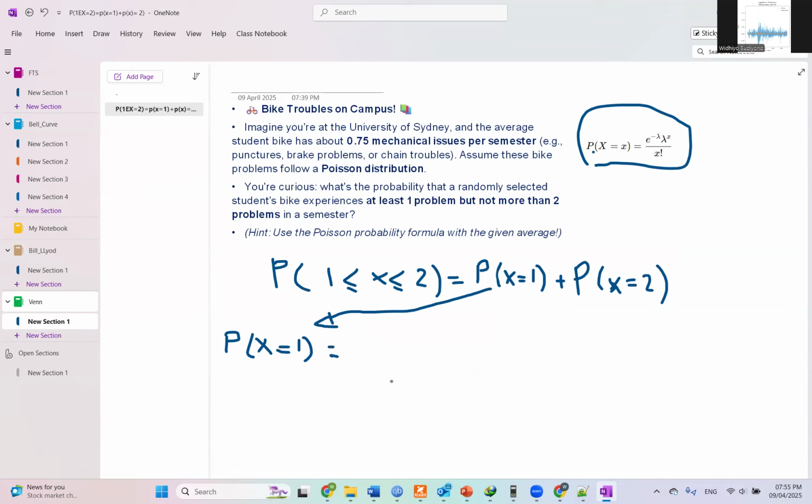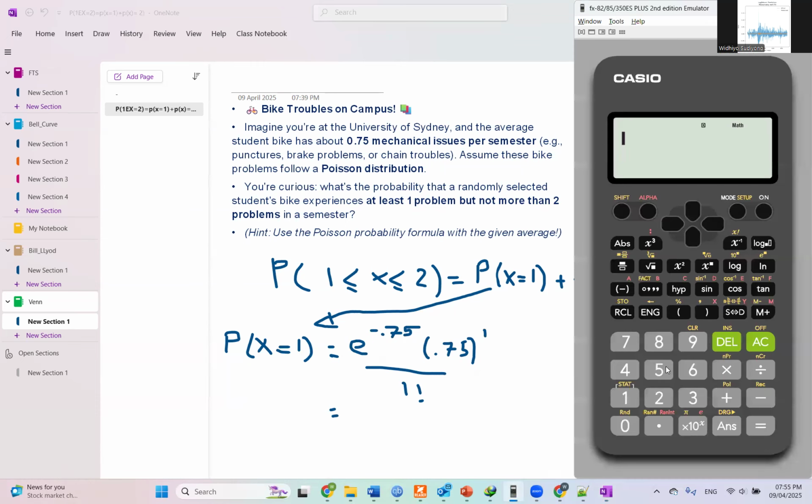We will be using a calculator now. So for P of x equal 1, it is e to the power of minus 0.75, times 0.75 to the power of x, where x is 1, per 1 factorial. We will be using a calculator to calculate this.